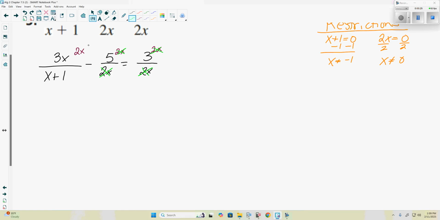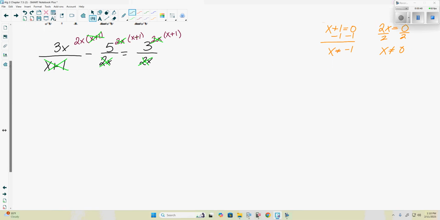The other term that we're missing is x plus 1. And here the x plus 1 and x plus 1 will cancel. So the least common denominator we needed to multiply everything by was 2x times x plus 1.